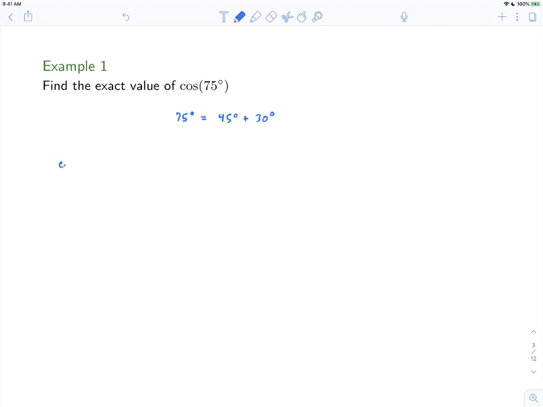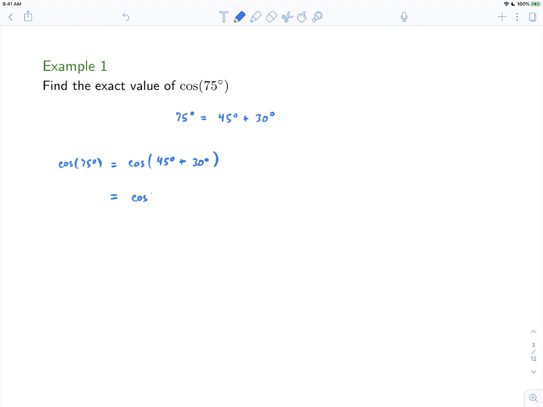So in other words, cosine of 75 degrees is equal to cosine of 45 degrees plus 30 degrees. So here we have a cosine of a sum of two different angles. So we're going to use the sum formula for cosine.